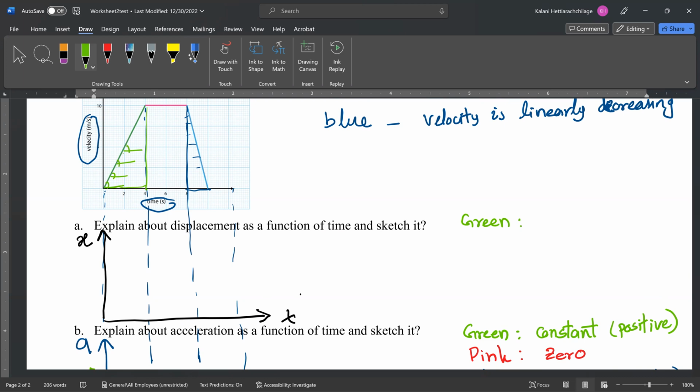Green is giving me a linear increase of the velocity, so this will give me the increasing, but not linear. What that means, increasing, not linear, okay? Not linear.